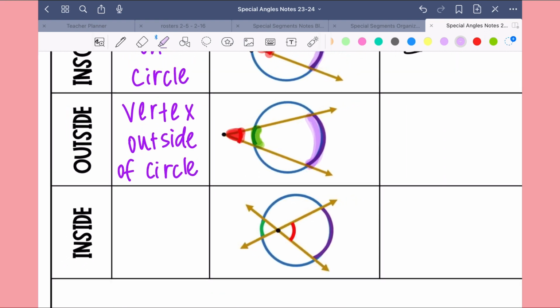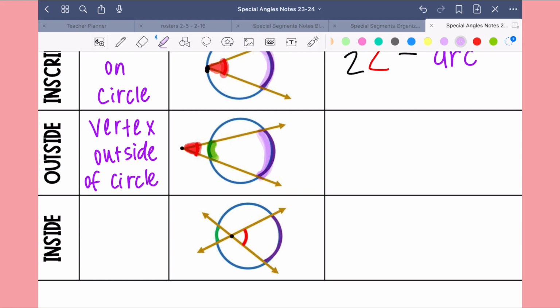So let's go to our equation. It's going to be 2 times your angle, my angle here in the red, is equal to your big arc. For this one, I used purple.